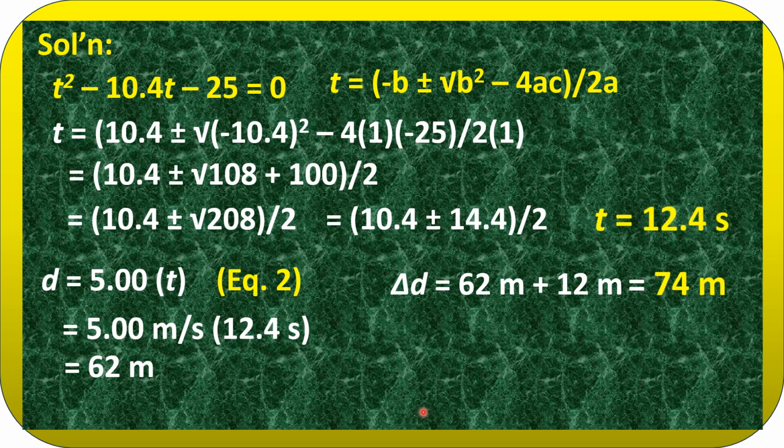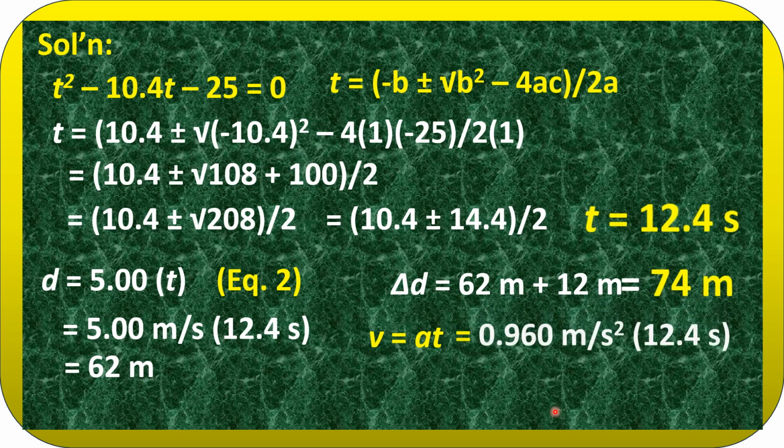So we use the equation to find the final or maximum speed equal to the product of your acceleration a and the time elapsed t. That is, we just multiply your acceleration, 0.960 meters per second squared, by the time elapsed, 12.4 seconds.